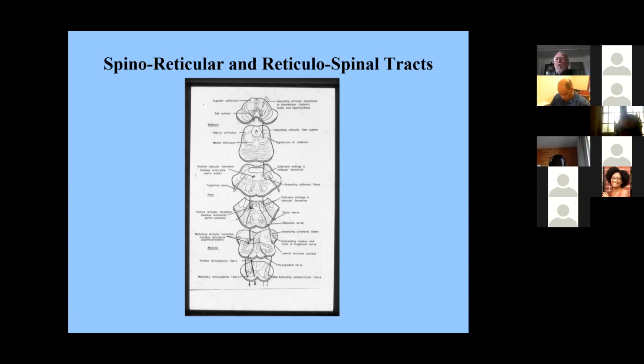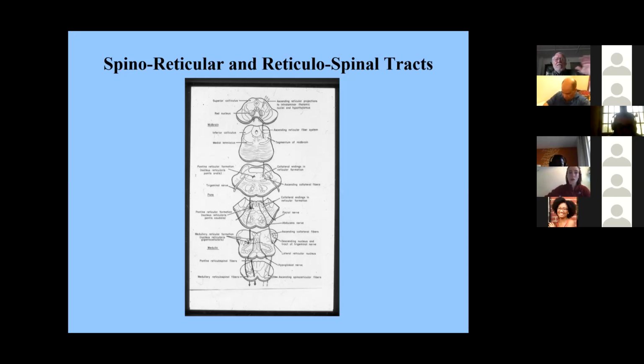In spino-reticular, we see an ascending afferent system in which primarily somatosensory information is carried from a level of the spinal cord up into the medullary, pontine, and midbrain reticular formation, and we'll talk a lot more about the reticular formation today.